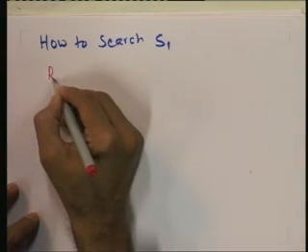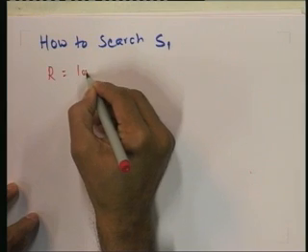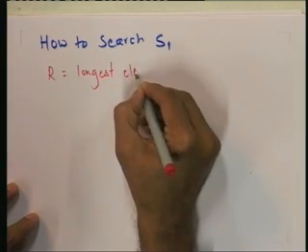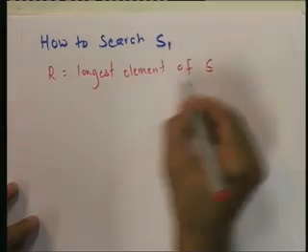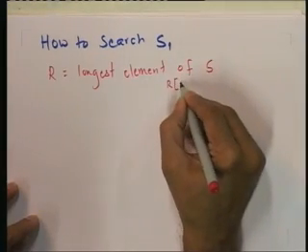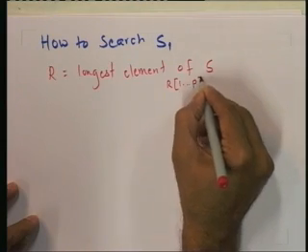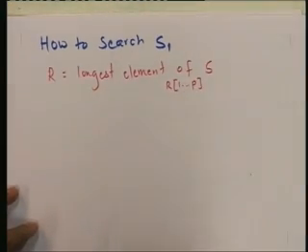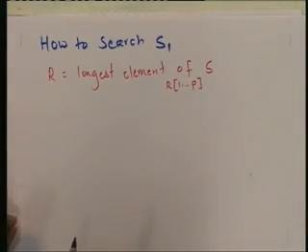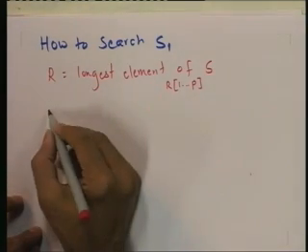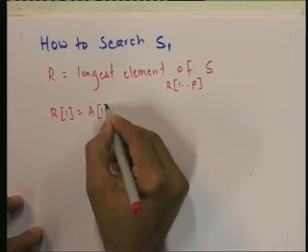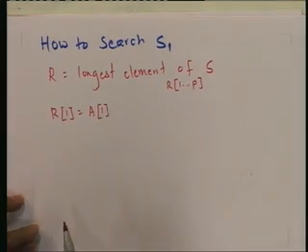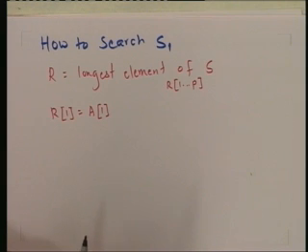So, let us say R is equal to the longest element of S. Let us say R has length P. Of course, P is not known to us, but let me just define the notation P. What else do we know about R? Well, we know that R of 1, the first letter of R, is the same as the first letter of A. That comes from the definition of S1. We just said that S1 only consists of subsequences which start with A1.